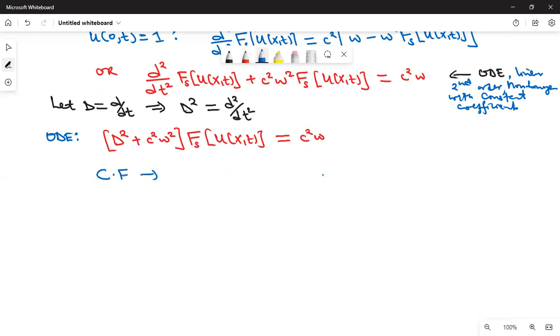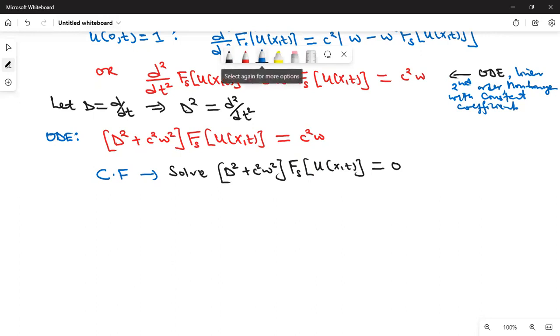This means I'm going to solve the homogeneous part, that is D squared plus c squared omega squared operating on the Fourier sine transform of u of x t, equal to 0.